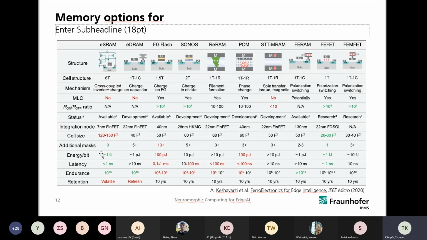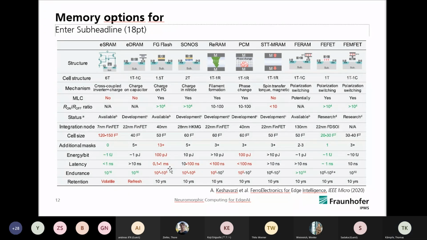However, this is also connected to the power consumption to write the cell. So SRAM and DRAM in this case have basically unlimited endurance, unlimited cycling possibility, whereas all the other more non-volatile memories have limited endurances.